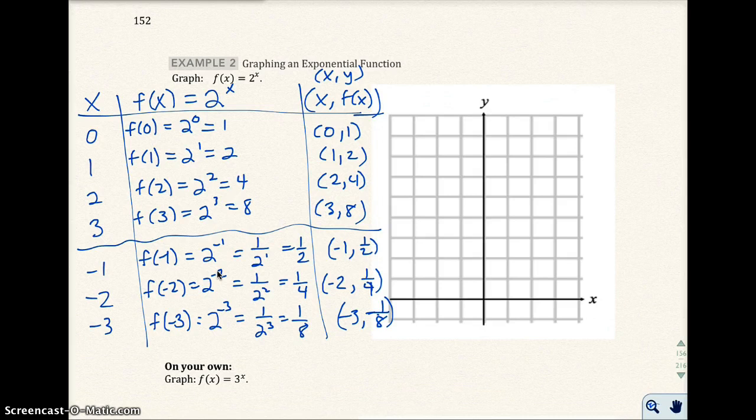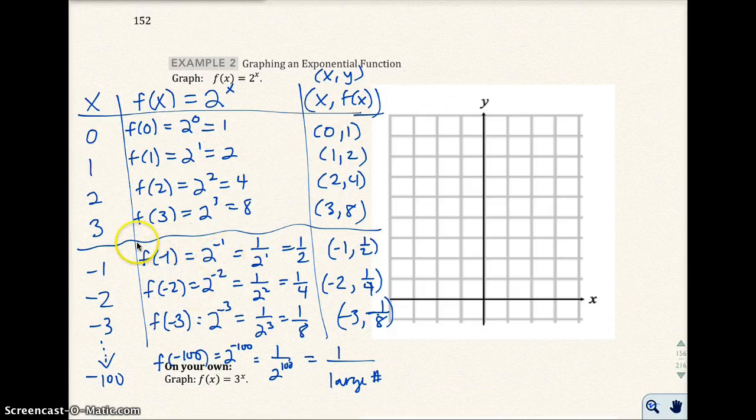And likewise, I'm not going to keep on going, but what if I had like negative 100? What would that really be? It'd be 2 to the negative 100, which is 1 over 2 to the 100 power, which is a very small number. It's going to be one large number down here.